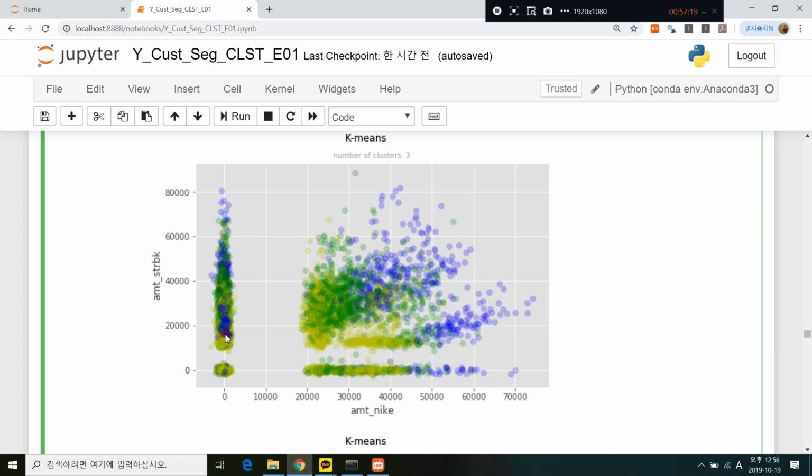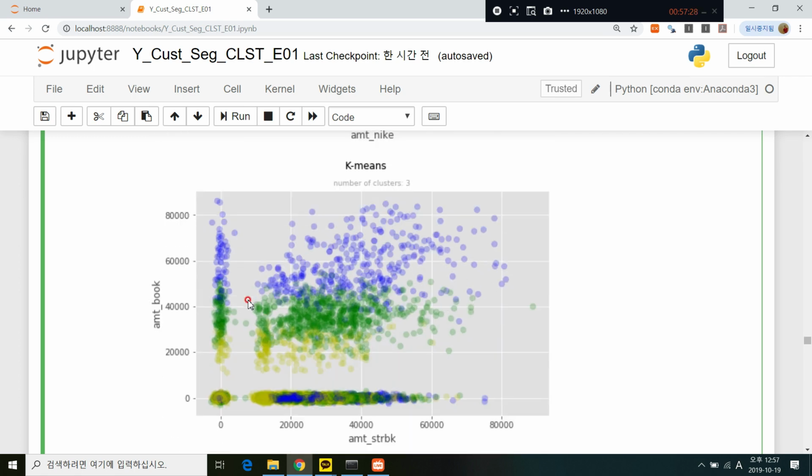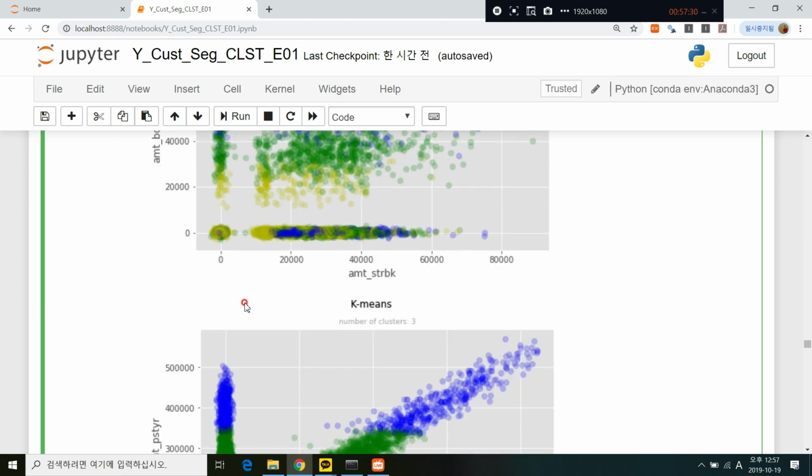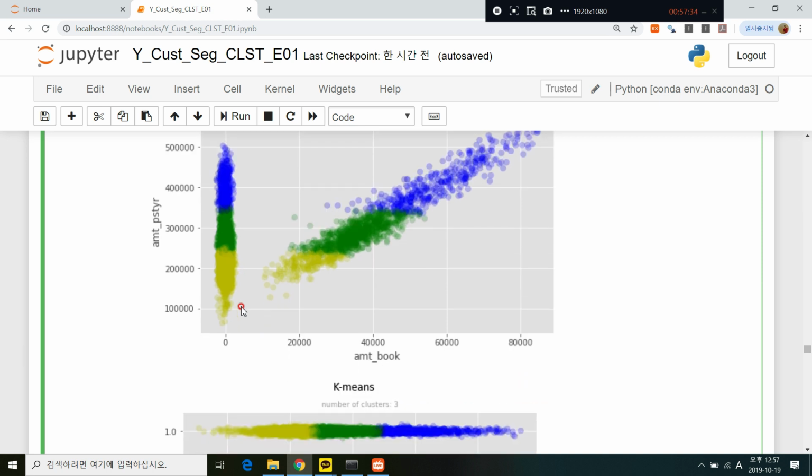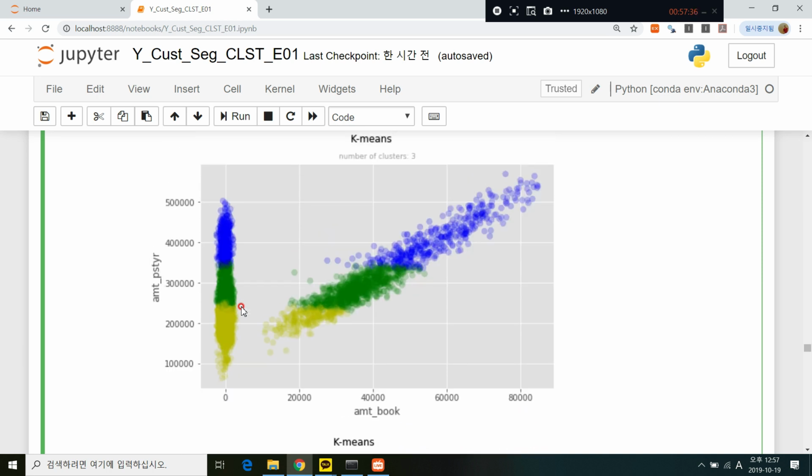Maybe this is because they spend on categories other than the chosen ones too. I'll take a look at other things too. Okay, this is interesting, and you have to check this.